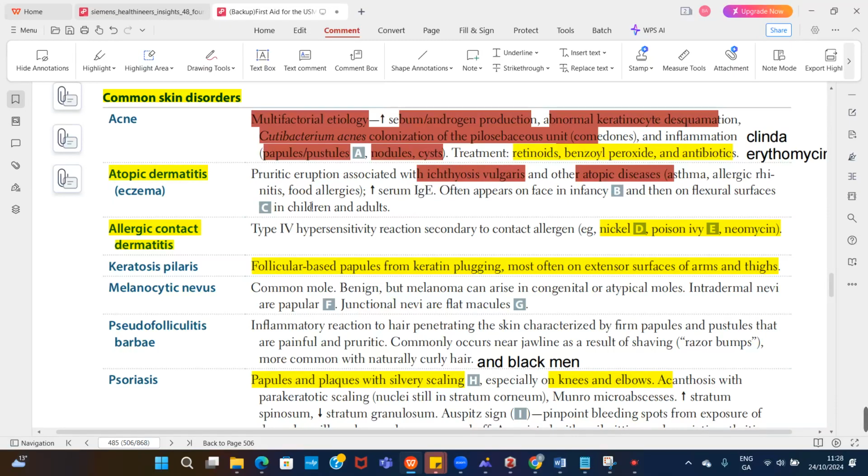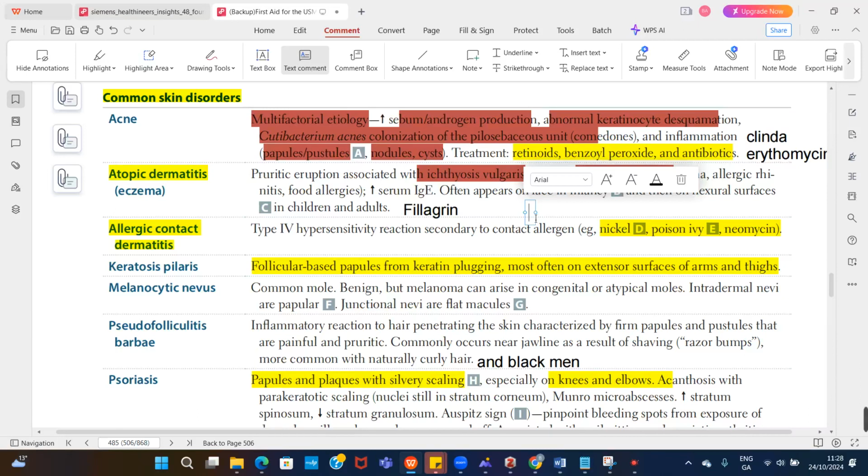Now, the reason why this is being mentioned is because the pathophysiology of atopic dermatitis is believed to be associated with mutation in a gene called filaggrin. Filaggrin is a protein that constitutes part of our epithelial barrier.